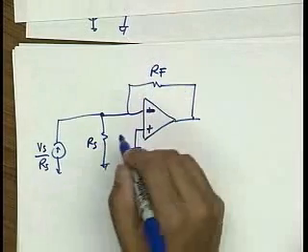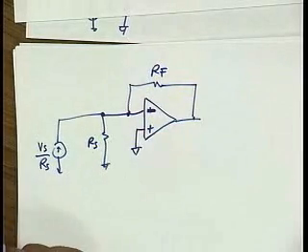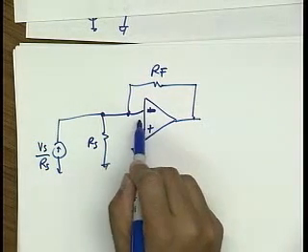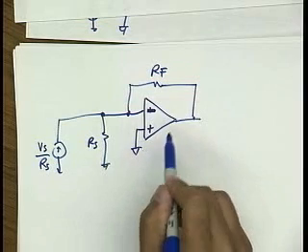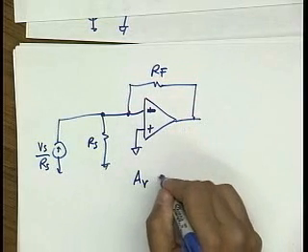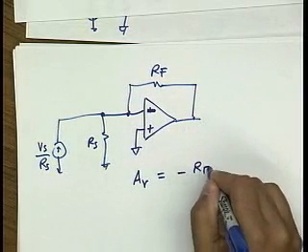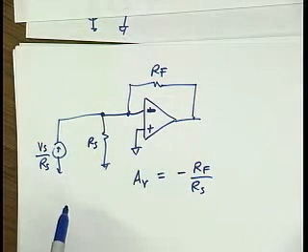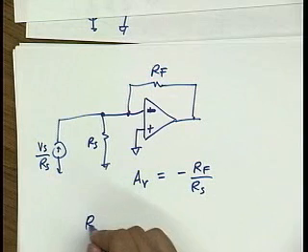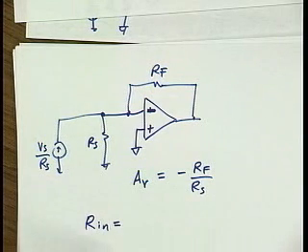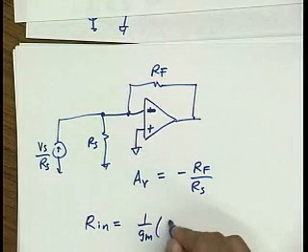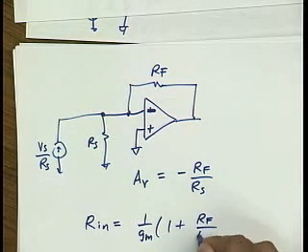Rf is the feedback. You can see that if the input impedance were truly infinite, looking into the negative terminal of this device, then the voltage gain is simply minus Rf over Rs, assuming infinite loop gain in this system. And it doesn't take much work to also show that the input impedance is basically 1 over gm multiplied by 1 plus Rf over Rl.